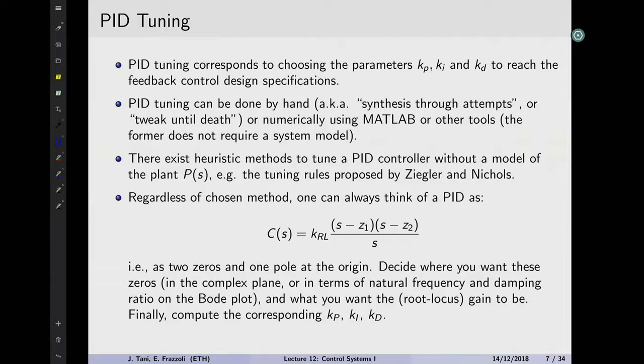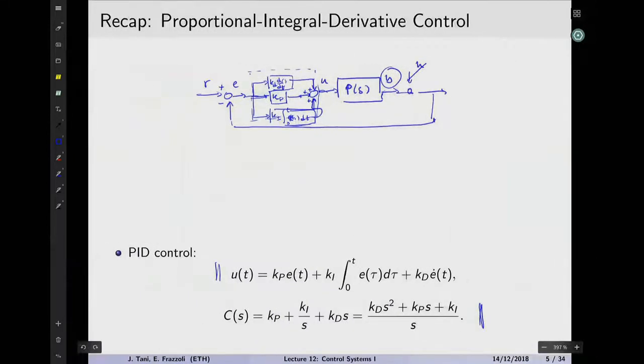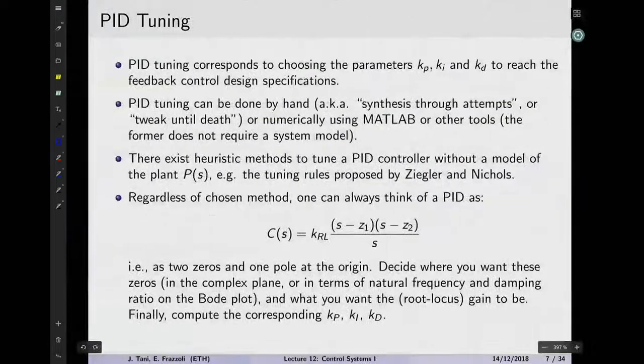We'll look at this in a second, but another way of doing it is to say, okay, we saw the influence of zeros and poles in a transfer function. If you look at the root locus, for example, we saw that given the numbers of zeros and poles in the system, you get different shapes of the root locus. Therefore, if you increase the k, things happen, and closed loop poles move in the complex plane, right? Well, you can always rewrite a PID controller by using this expression here, as two zeros and a pole.